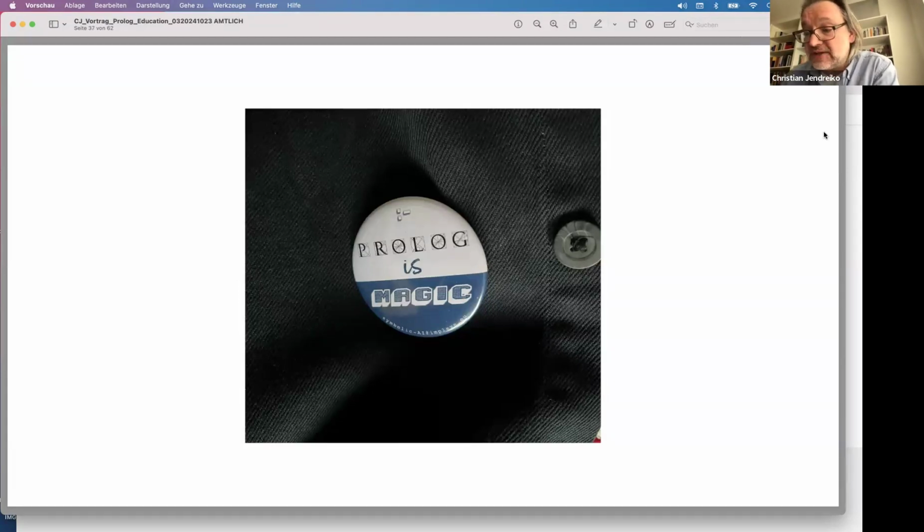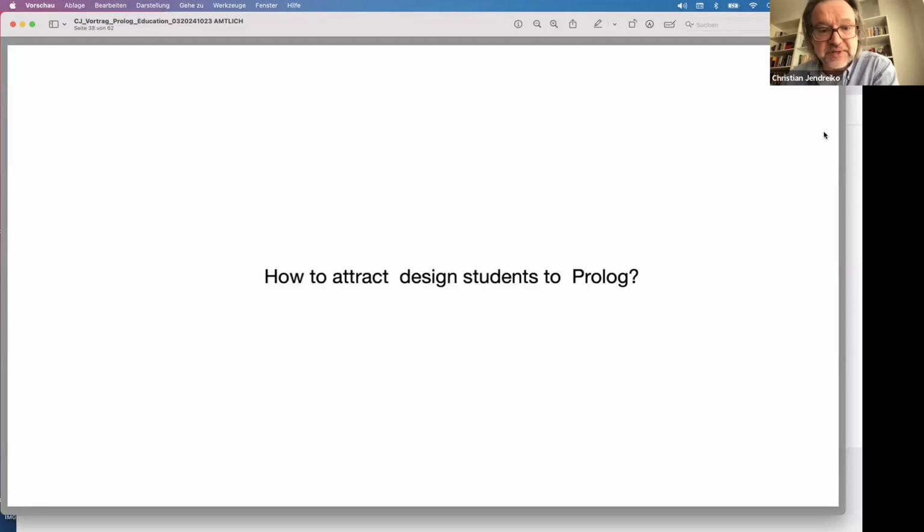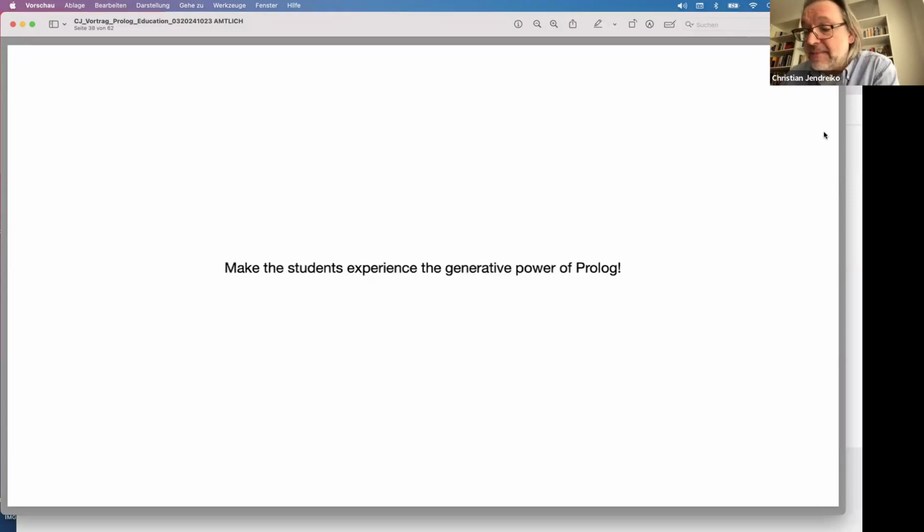Which brings me to part 2 of my talk. How to attract design students to Prolog. Now, first of all, make them experience that fundamental generative power of Prolog and how easy it is to describe with Prolog what they are most interested in, namely visual relations.